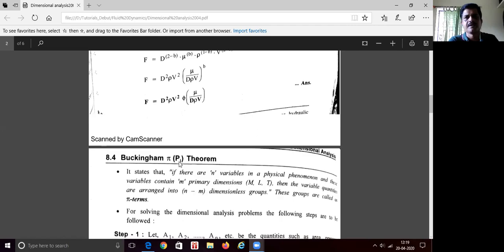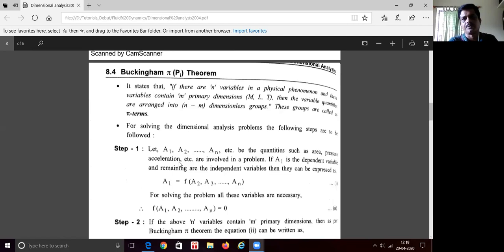Next, in this chapter, the Buckingham pi theorem is very, very important, and you depend more on this dimensional analysis. As I told in the first class, this will appear for 12 or 15 marks. Some 5 to 6 marks theory will be there, and there will be one problem.